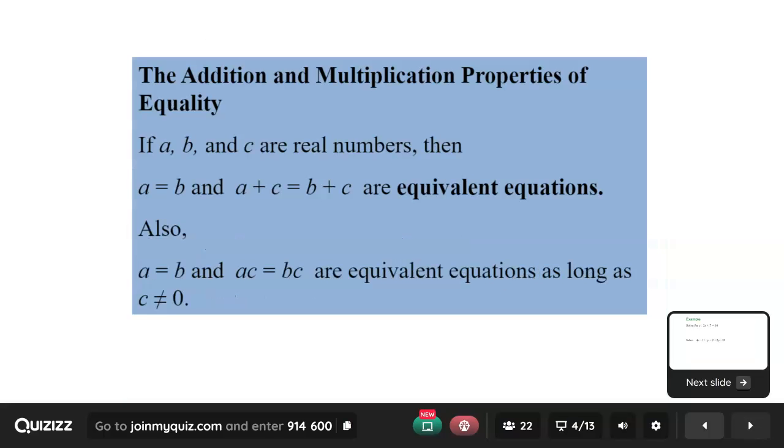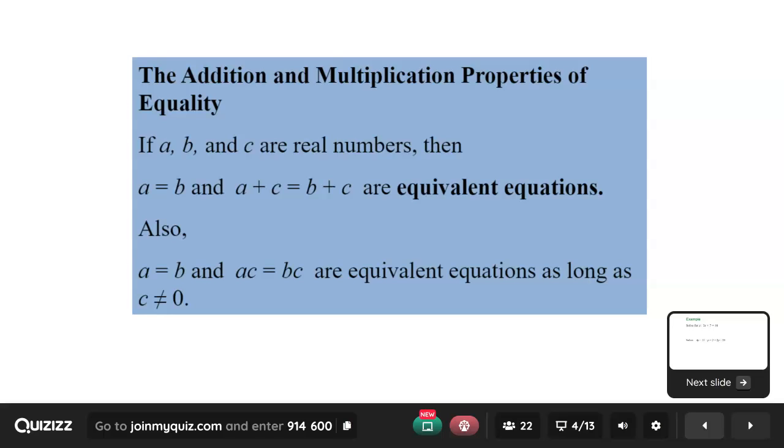Now, the good thing about equations is they have this property of equality, addition and multiplication. This carries over for division and subtraction as well, because division is just inverse multiplication. We can add or subtract or multiply or divide anything we want to the equation, as long as we do it on both sides.